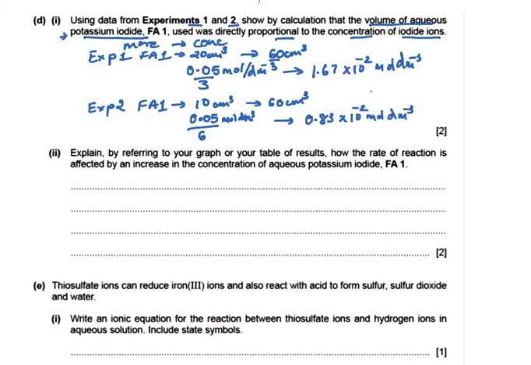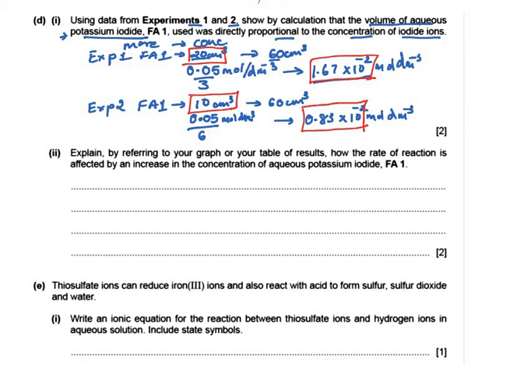This proves that if we take a higher volume, the concentration is also high. The volume is 20 cm³ and the concentration is 1.67 × 10⁻² moles per dm³. And if the volume is 10 cm³, then the concentration is also lower. That is, volume lower, concentration also lower.